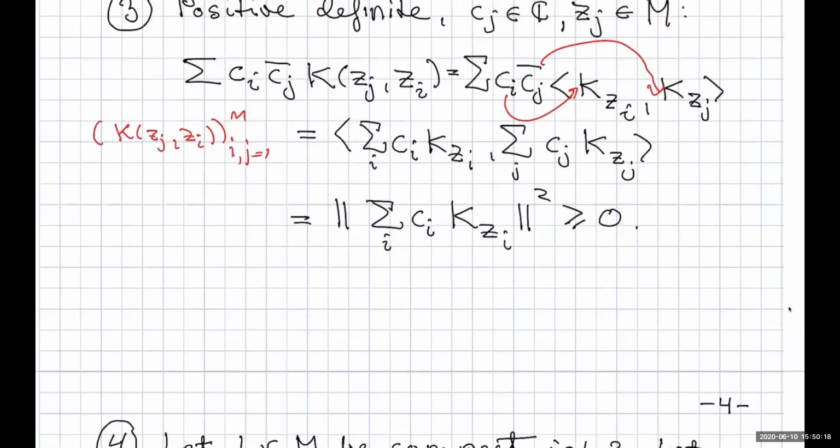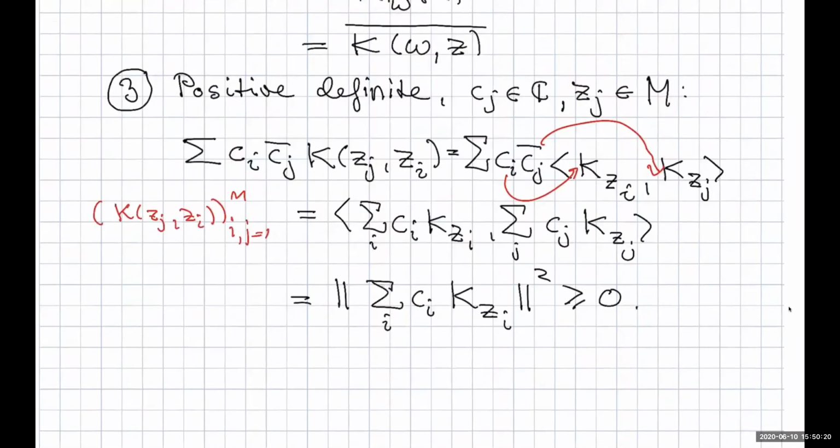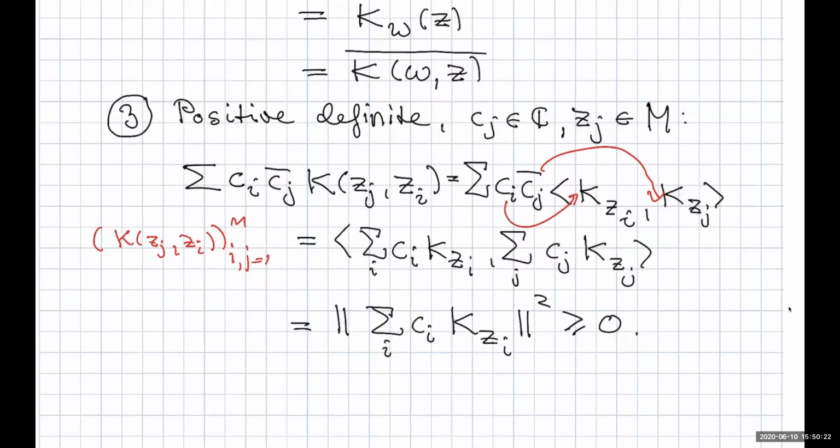Okay, so let me say another thing. If one is really doing analysis, then one looks at those reproducing kernels, or this positive definite kernel, that is just a function of two variables, okay?